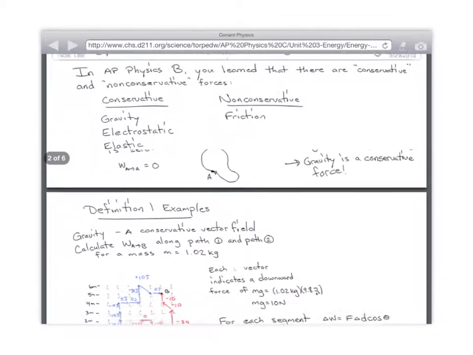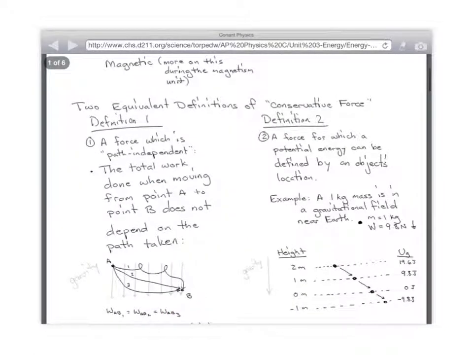All right, so here we go. We came up with 2 different but equivalent definitions of a conservative force. Definition 1 is a force which is path independent, meaning it doesn't matter how you got from point A to point B. Definition 2 is a force for which a potential energy can be defined by where you are.